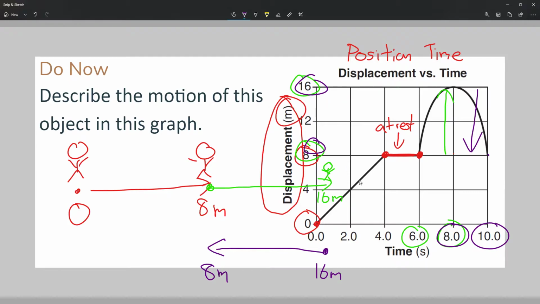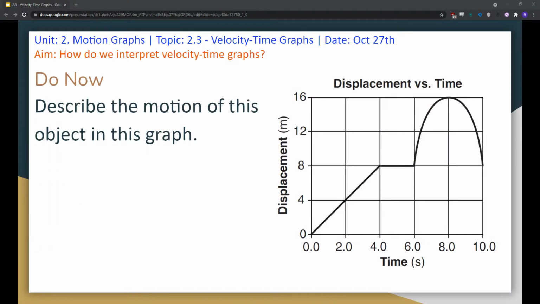In the first 4 seconds, you go from 0 to 8, so you travel 8 meters. From 4 to 6 seconds, you're at rest. From 6 to 8 seconds, you travel another 8 meters. And from 8 to 10 seconds, you go back, traveling backwards now, back to 8 meters. And that's the do now question.